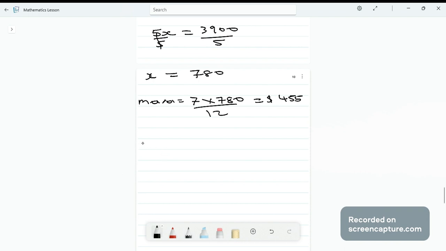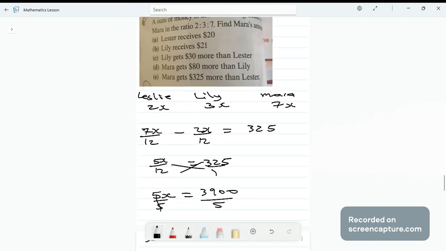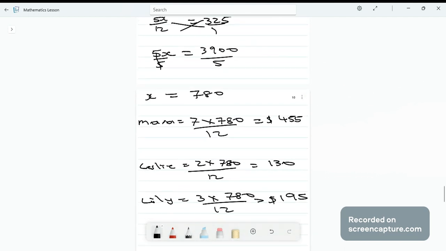Leslie got 2 times 780 over 12. That's equal to $130. And Lily got 3 times 780 over 12. Lily would get 195.